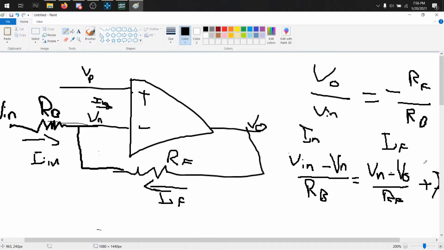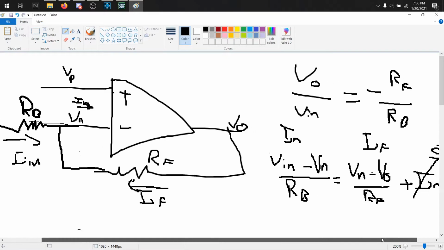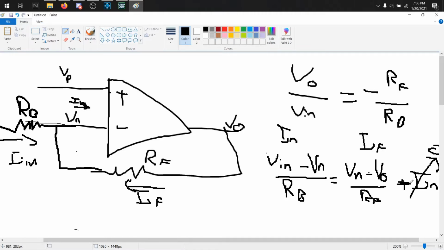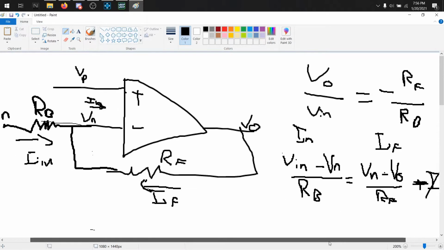Yeah, it still holds true. Well, how I have it written down is this could be like minus IN. There, now it holds true.